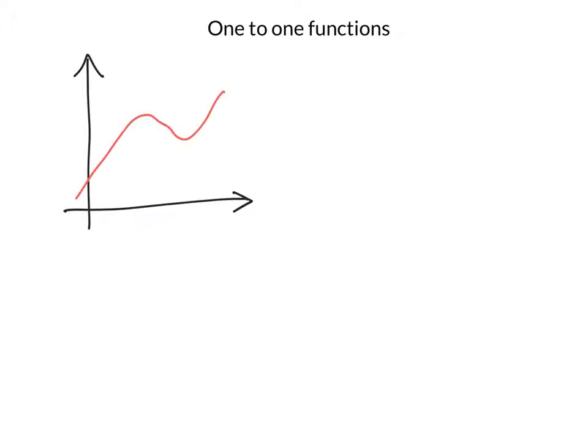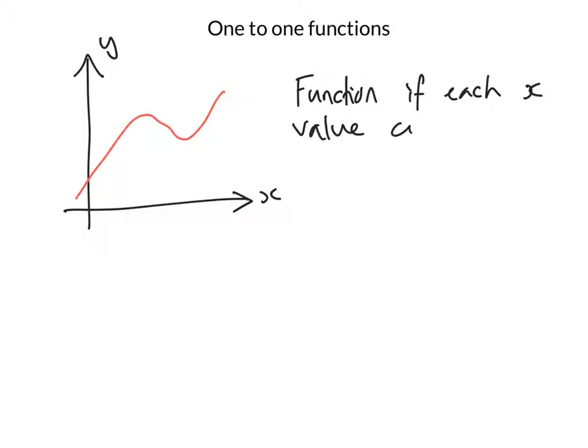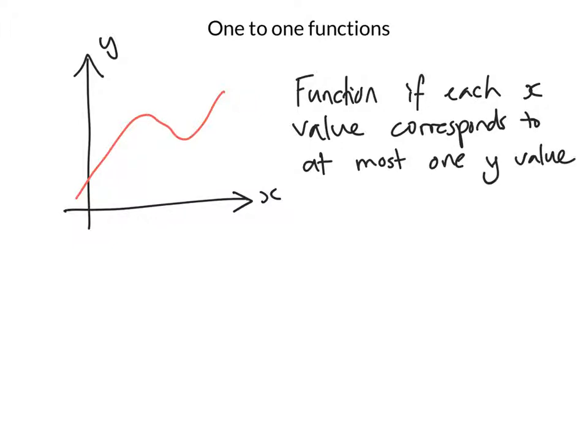We can say that this relation is a function if each x value corresponds to at most one y value. So what that means is that if we go to any given value of x, there should only be one y value. And in this case, that's true.